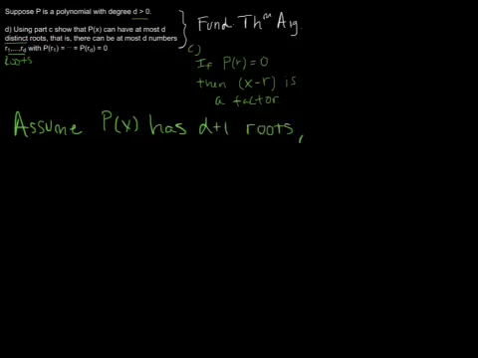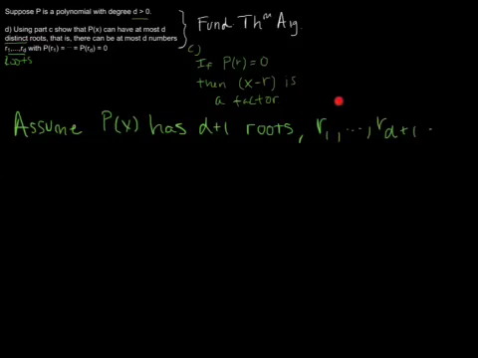And we'll list them out. They are R1 all the way up through R(d+1). All right. Now, let's pause for a second and let's think about how we could show that something ridiculous must happen.